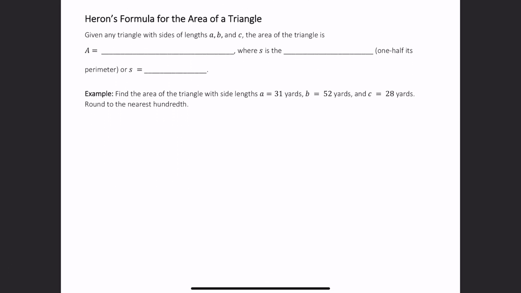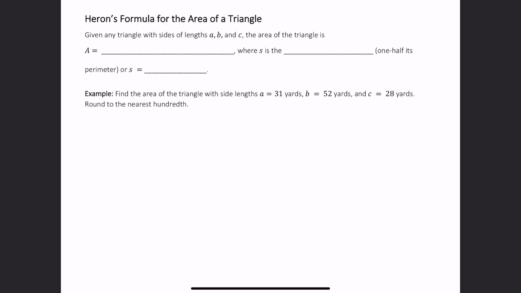Okay, so our next topic of discussion will be Heron's formula for the area of a triangle. So this formula will allow you to find the area of an oblique triangle. Typically, we would use 1/2 base times height, but since this is not a right triangle, we cannot use that formula.